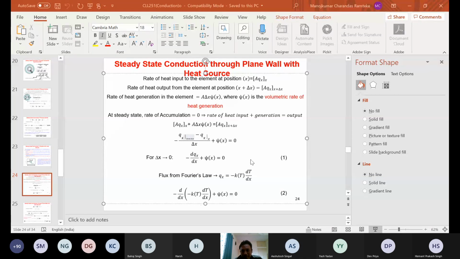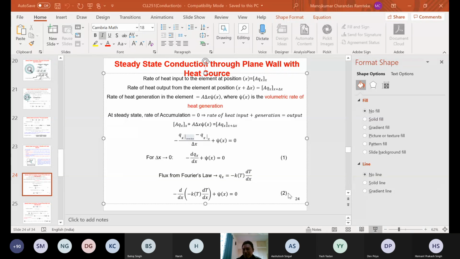Yes, sir. Okay. So now Qx is nothing but the heat flux. Heat flux we can obtain from the Fourier law of heat conduction, which is minus k(T) dT by dx. Here we are assuming that k is also a function of temperature.